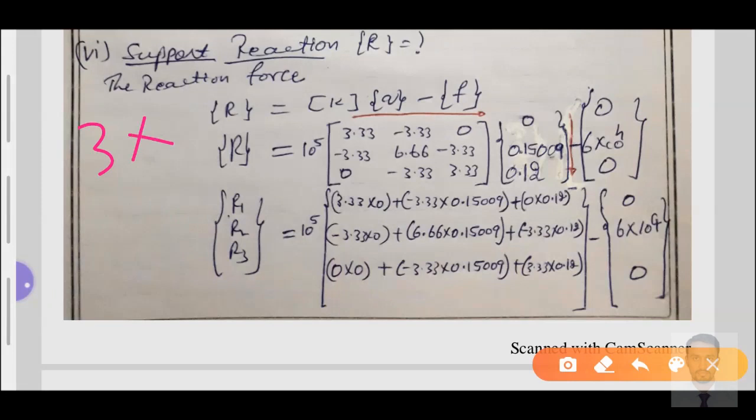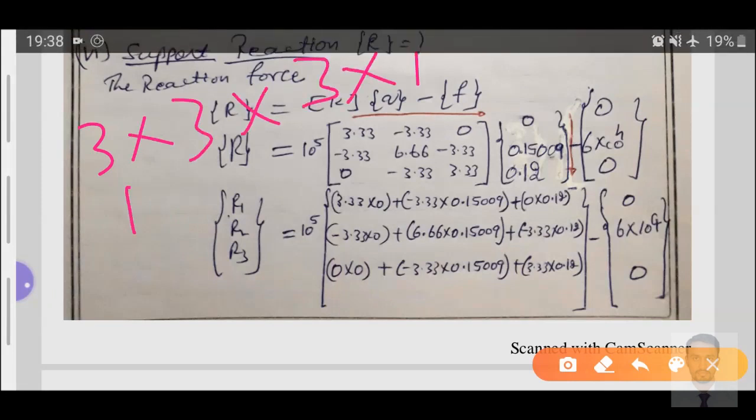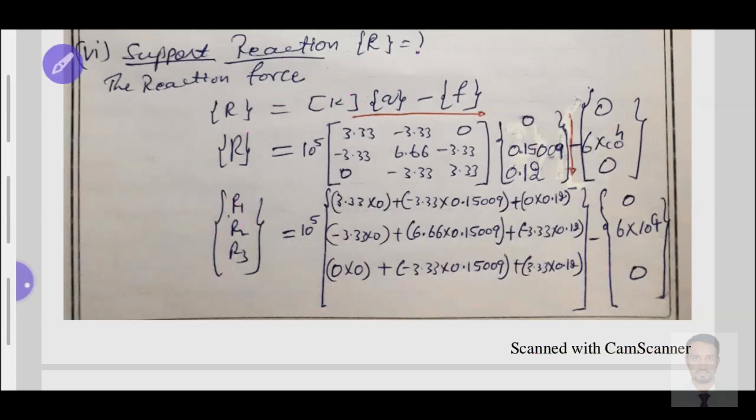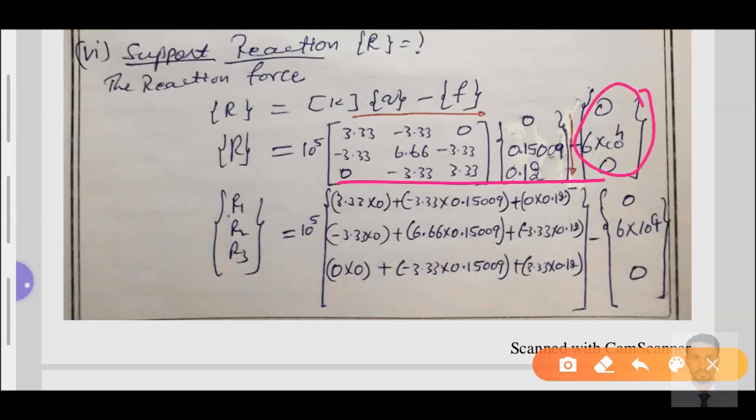A 3 cross 3 matrix multiplied with a 3 cross 1 matrix becomes 3 cross 1. So first we'll take this one, then we'll take this as it is here, and finally we'll subtract this value with this.